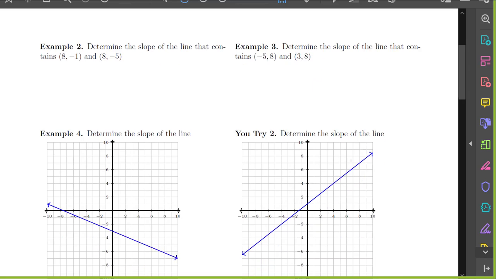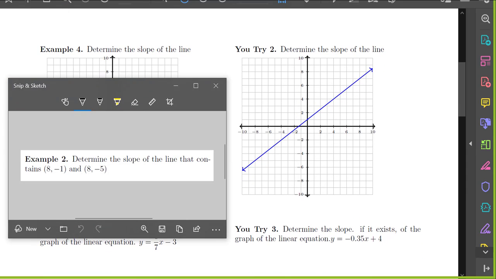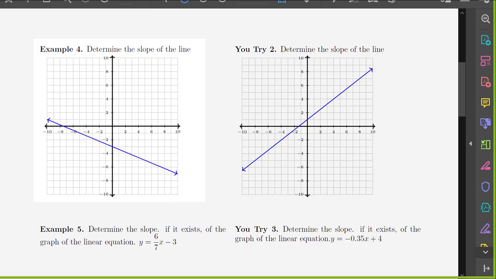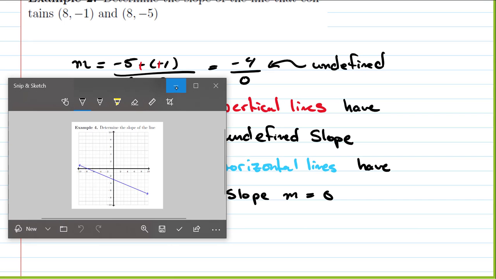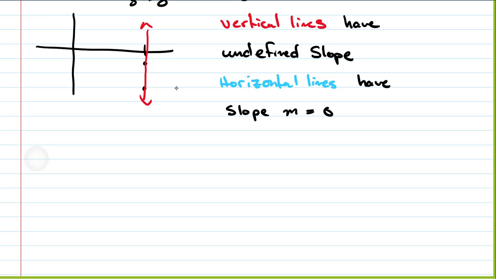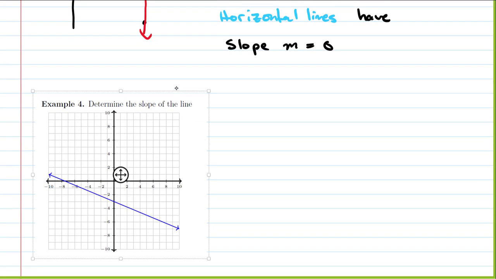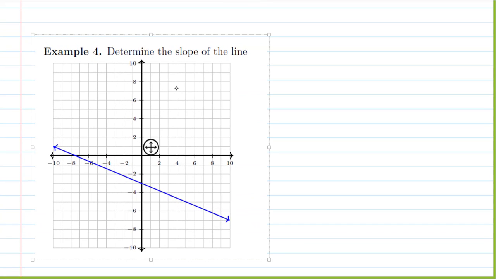All right, so let's go to example number 4. So determine the slope of the line.